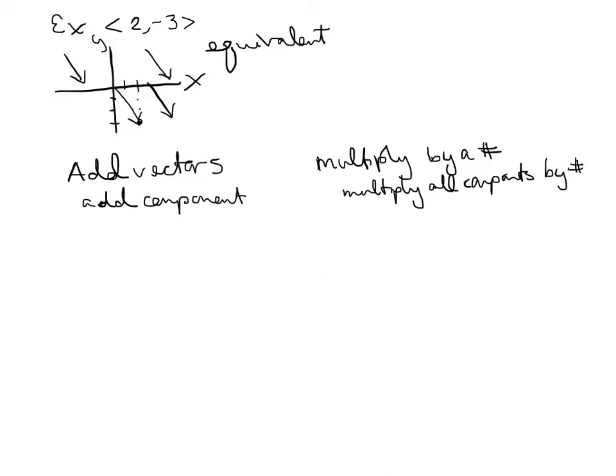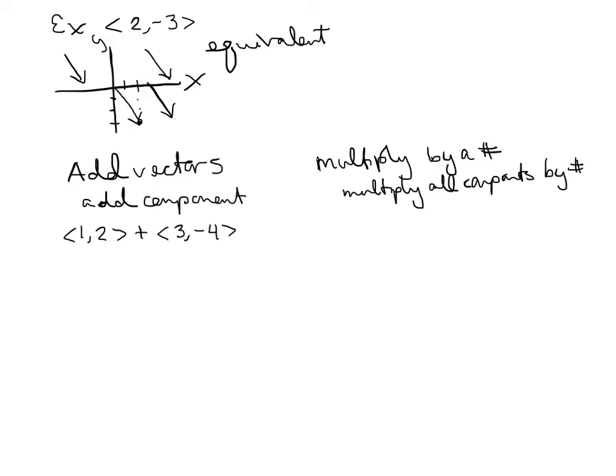Okay, so let's say, as an example, we want to take the vector ⟨1, 2⟩ and add on to it the vector ⟨3, -4⟩.